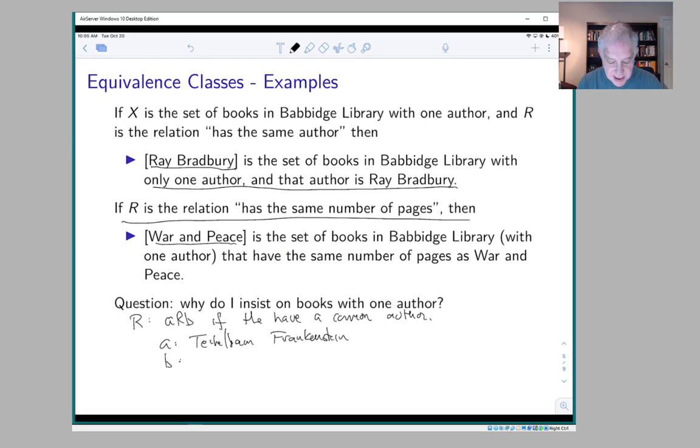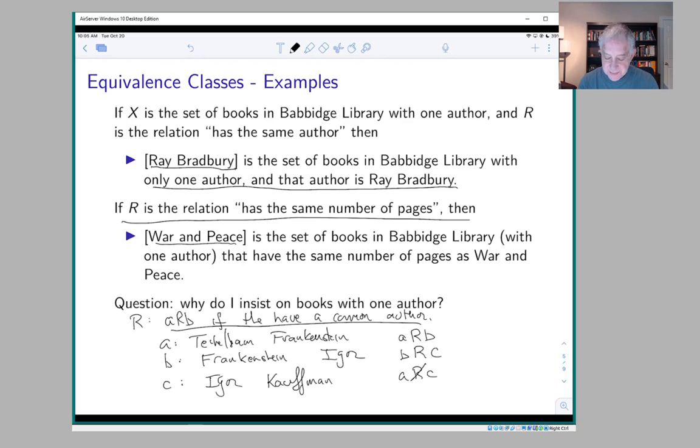And book B is written by Frankenstein and his assistant, Igor. And book C, let's say, is written by Igor and Kaufman. So book A and book B have an author in common. And book B and book C have an author in common. But book A and book C do not have an author in common. So this is actually not an equivalence relation. It's not transitive.